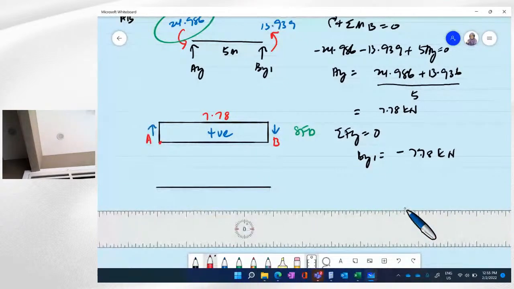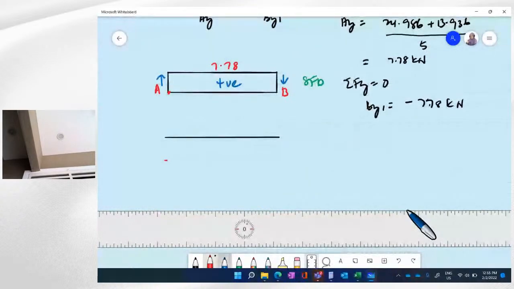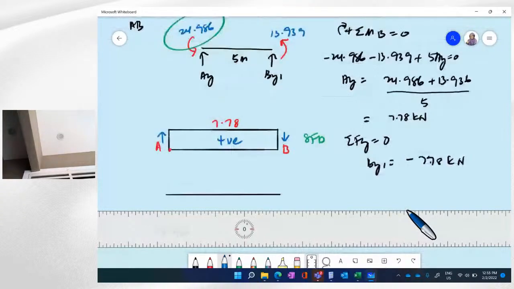Okay, somewhere here. So the value is 24.986. We get from table.